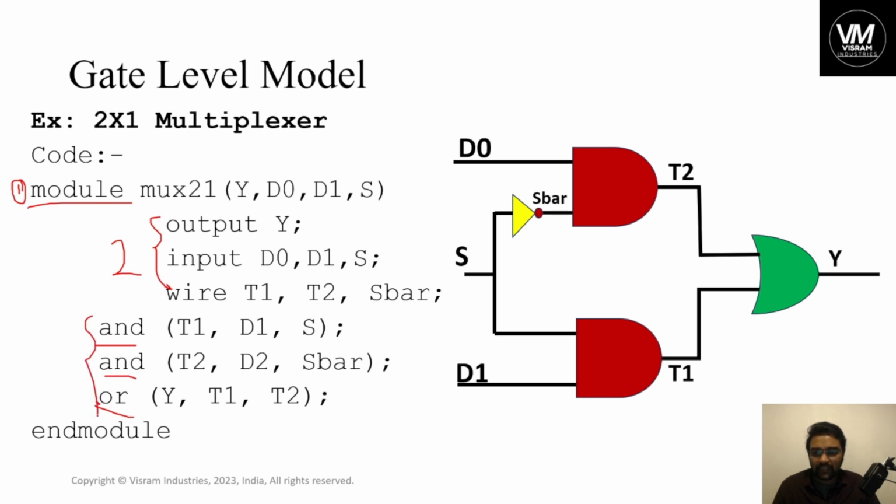This is the third major step required, where you need to mention AND gate, OR gate functionality, and what the inputs of the AND gate and outputs of the OR gate are. Here, while writing the functionality in AND and OR gates, you need to be very specific. You need to declare the output first and inputs after.